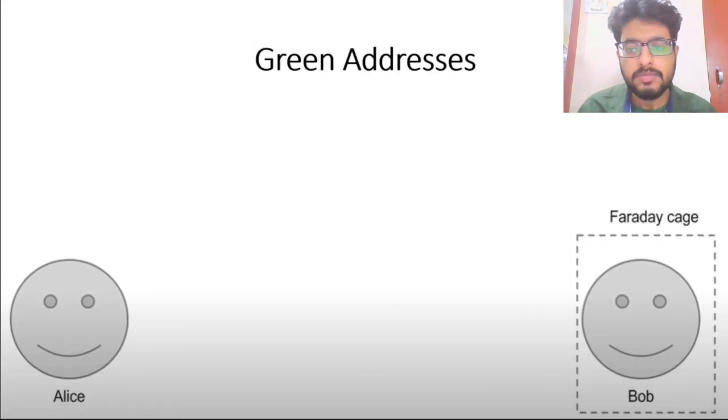Another good application is green addresses. Suppose Alice wants to pay Bob and Bob is offline. Since he is offline, Bob cannot look at the blockchain to see whether a transaction that Alice is sending is there or not.